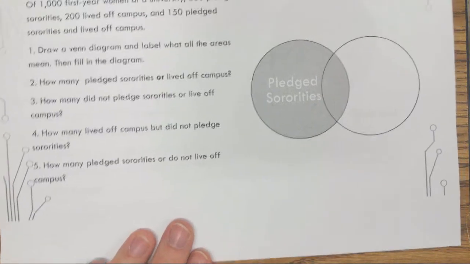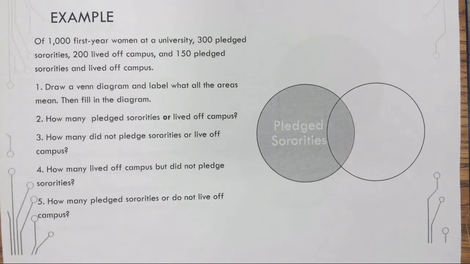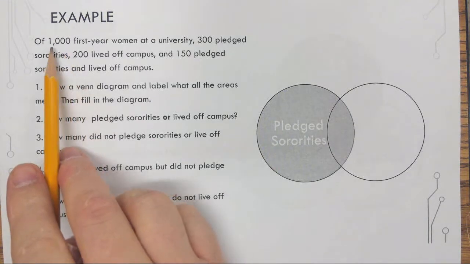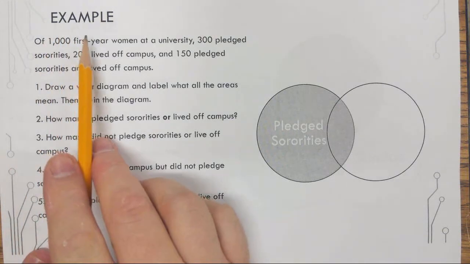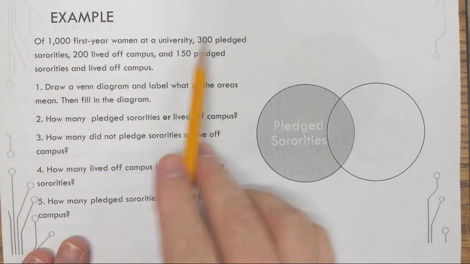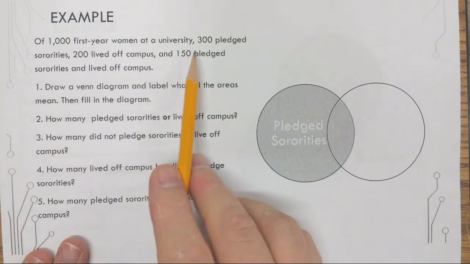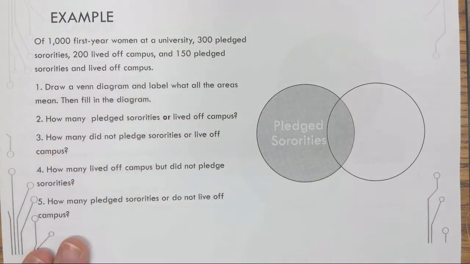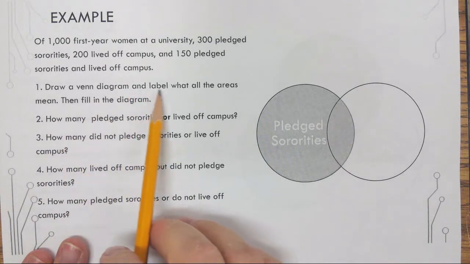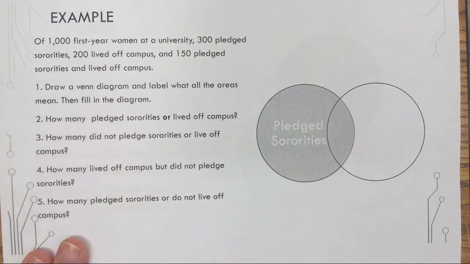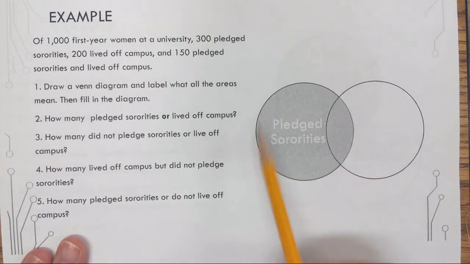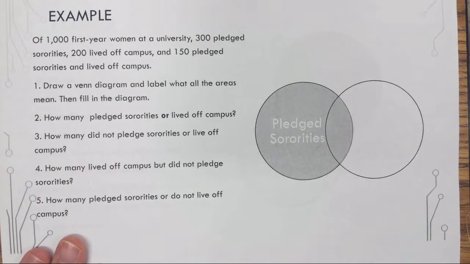So a lot of times when we're doing these Venn diagrams, we're going to be using some numbers, and we're going to be just answering some questions. Okay? So this is the question: of 1,000 first-year women at a university, 300 pledged sororities, 200 lived off campus, and 100 pledged sororities and lived off campus. So draw a Venn diagram and label what all the areas mean, then fill in the diagram. Okay, so I've already constructed a little diagram here.